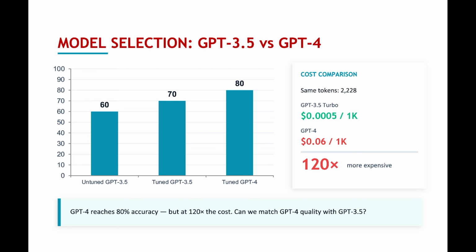Our second optimization strategy is model selection. Switching to GPT-4 with the same tuning parameters on the last example gives us 80% accuracy, which is another 10% improvement.